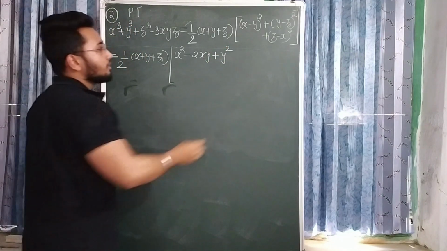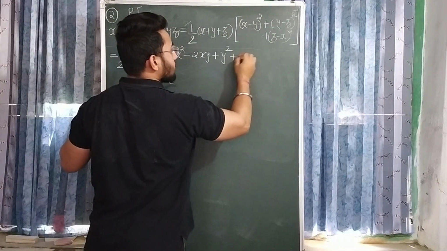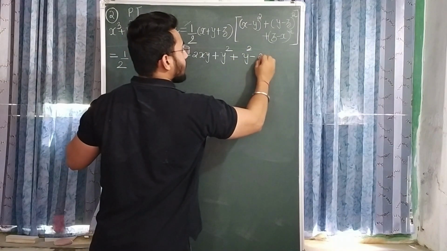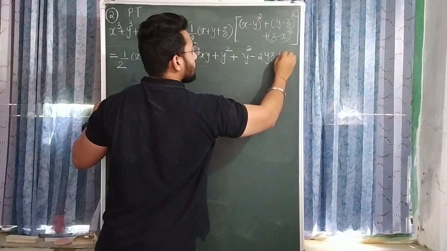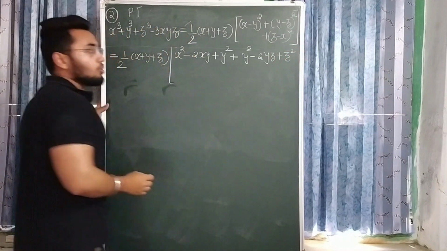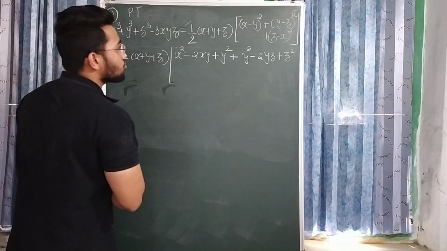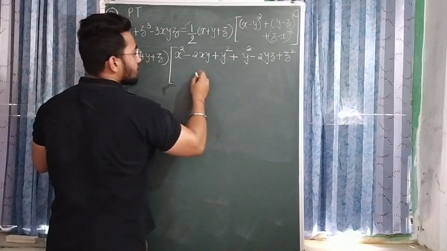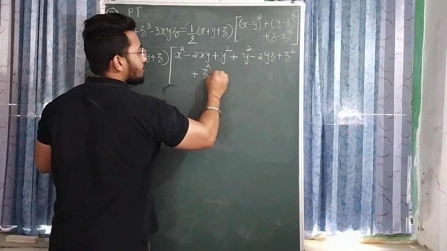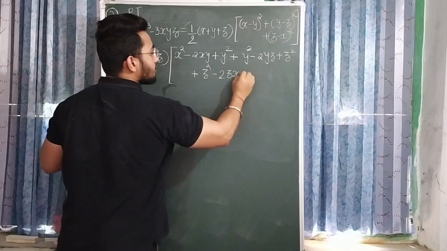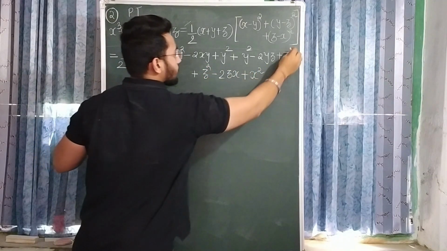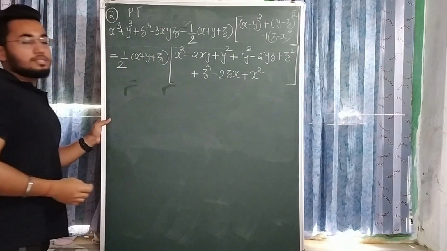Now we have to open the second bracket, y square minus 2yz plus z square. How can we open this? We just apply our identity, a minus b the whole square, a square minus 2ab plus b square. And here z square minus 2zx plus x square. So this is our first step.